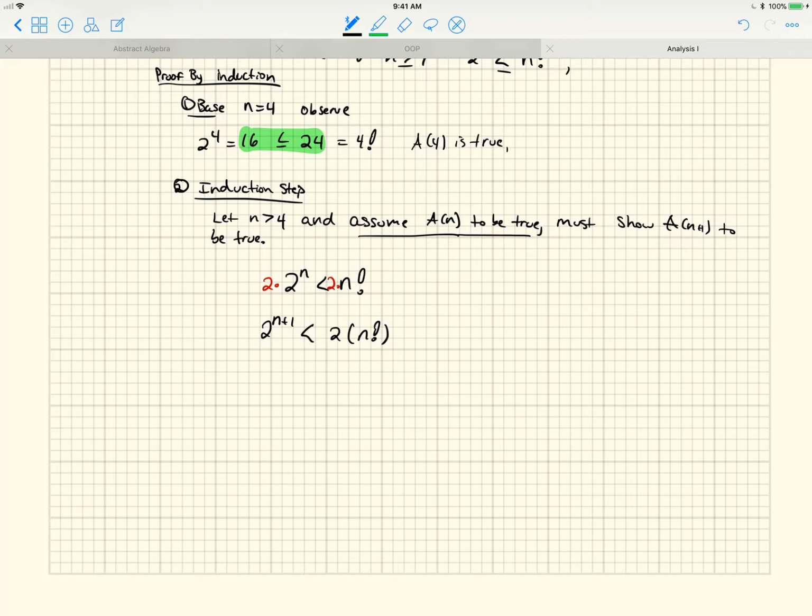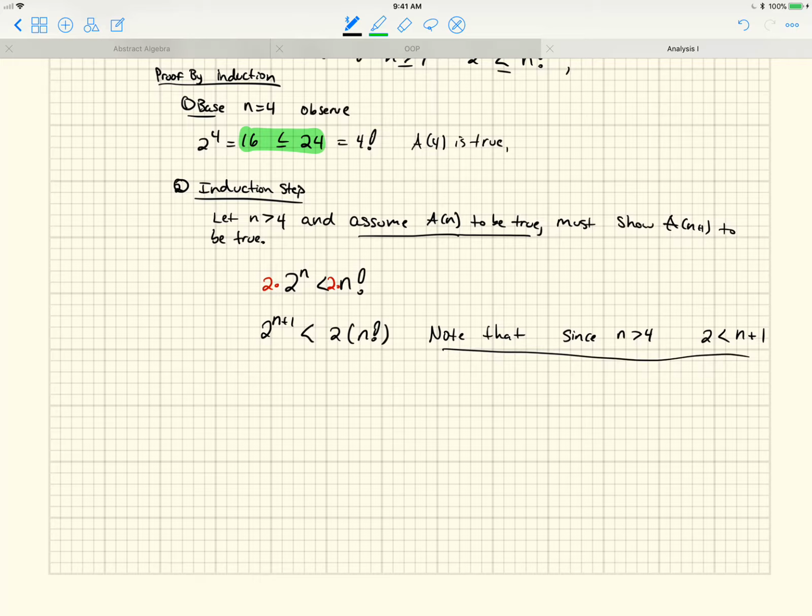Right? Now, note that since n is greater than 4, then 2 clearly is less than n + 1.